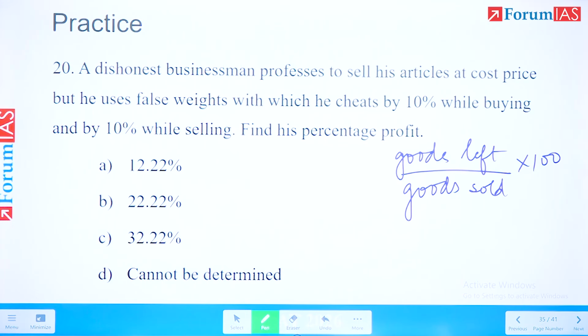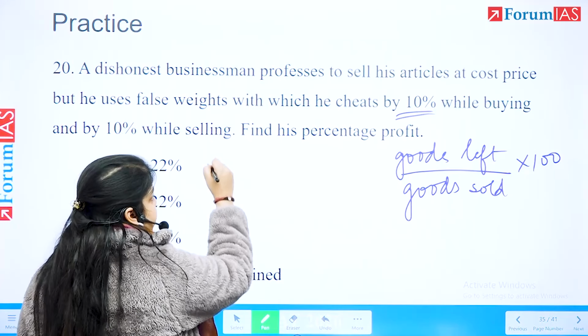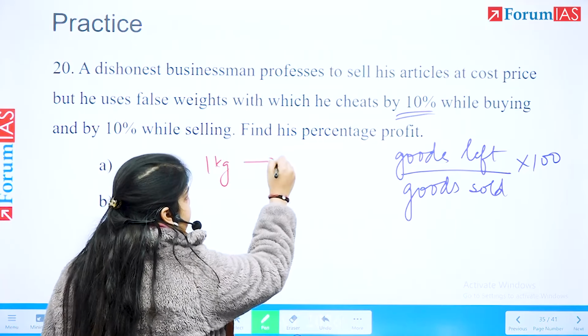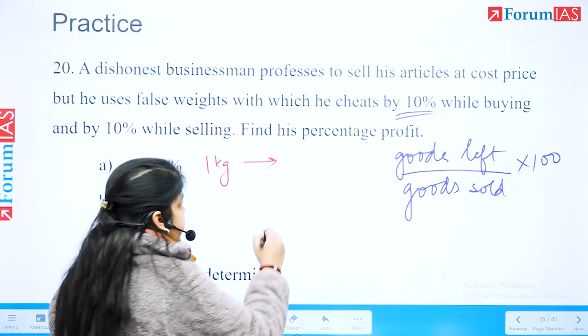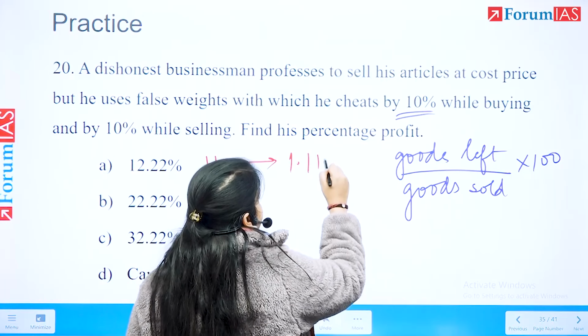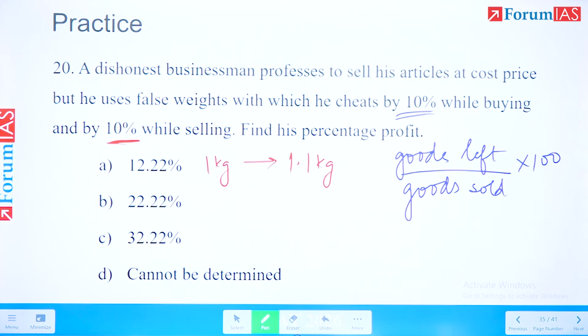So he originally had how much? He's cheating by 10%. He's supposed to have 1 kg, but instead he has 1.1. वो बोल रहा है मेरे पास 1.1 है. And 10% while selling, इसी का 10% कम करके he has been selling. So how much is he selling?